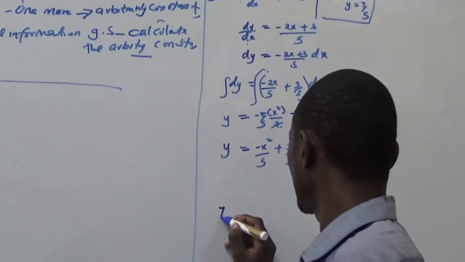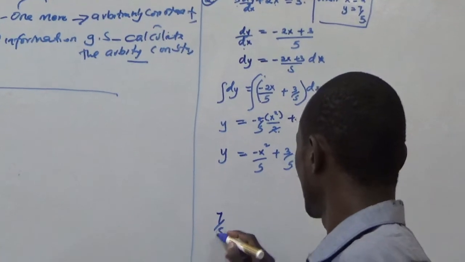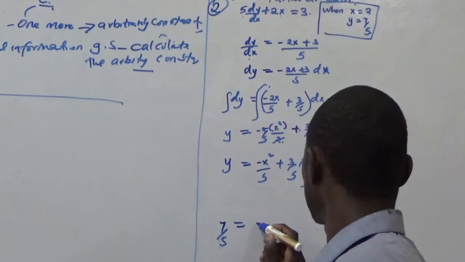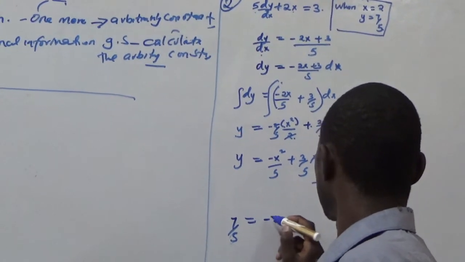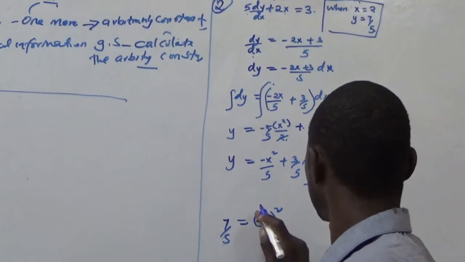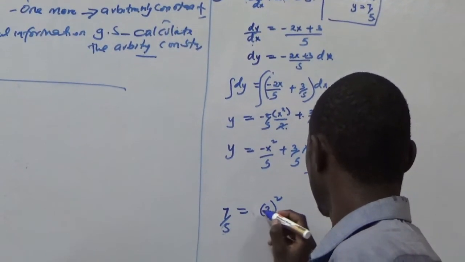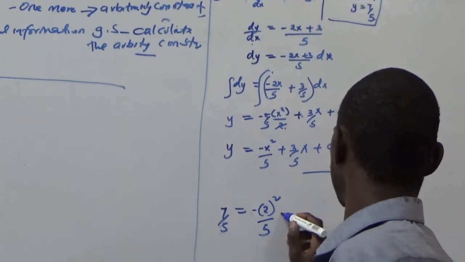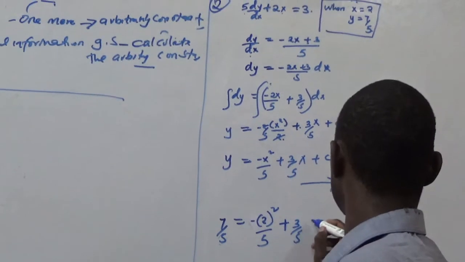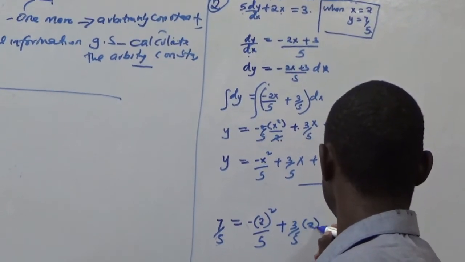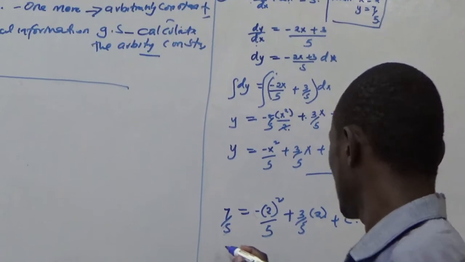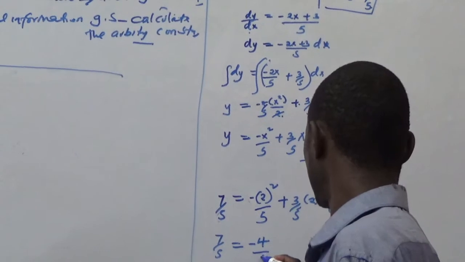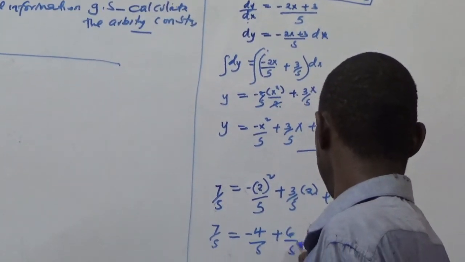So 7 over 5 equals to minus of 2, here squaring, it's a negative of x squared over 5, and then plus 3 over 5, then x is 2, then plus c. So we'll get 7 over 5 equals to negative of 4 over 5 plus 6 over 5 plus c.